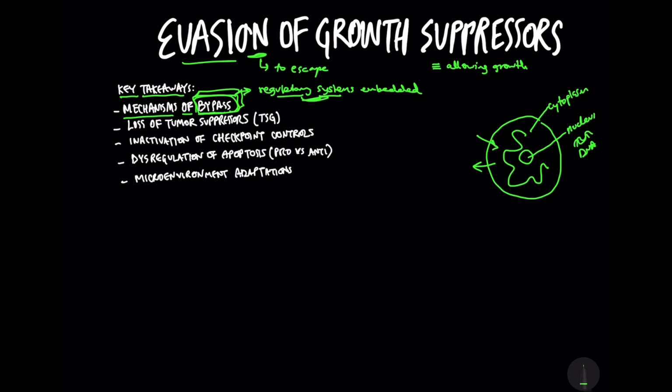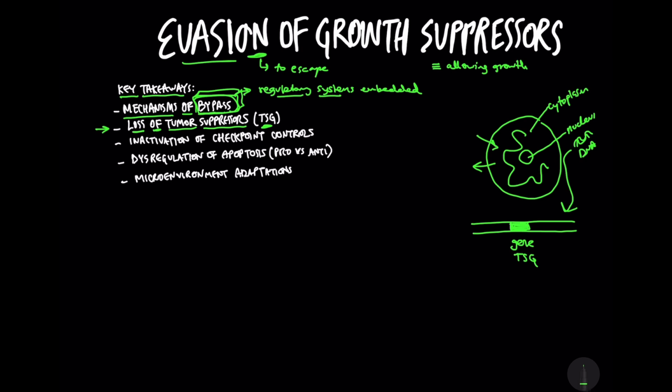Now, to be more specific, we can look at some examples. The first one is the loss of tumor suppressor genes, so TSGs. Say this is a piece of your DNA, and you have a gene, and this gene is a tumor suppressor gene.